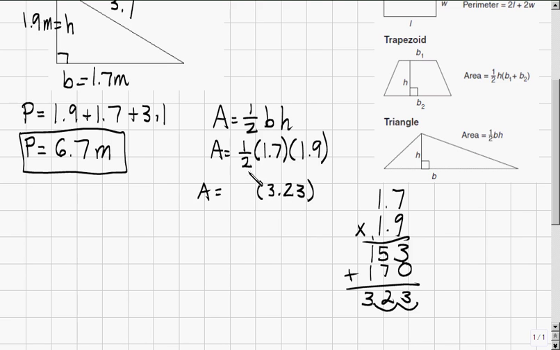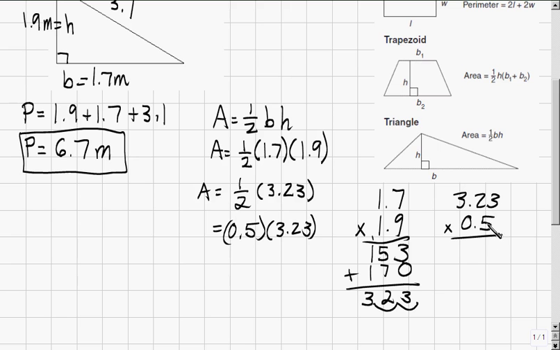For us to find 1/2 of 3.23, let's convert 1/2 to a decimal, and we may recall that 1/2 converts to the decimal 0.5. So 0.5 times 3.23 is what we need to find next, and then we'll be done with our area. So on our right, let's write 3.23 multiplied by 0.5.